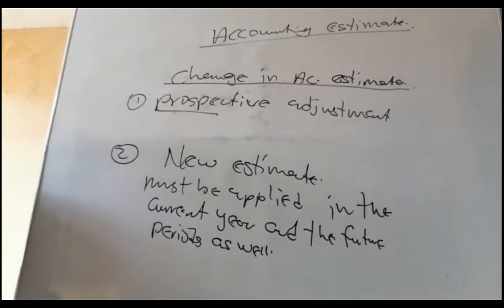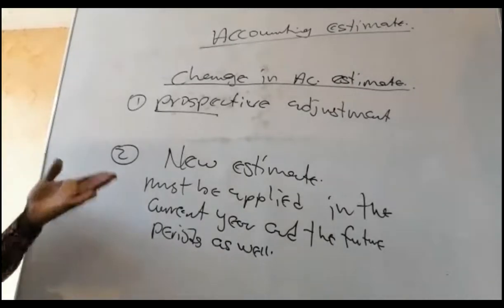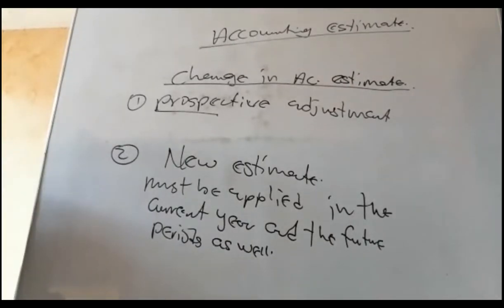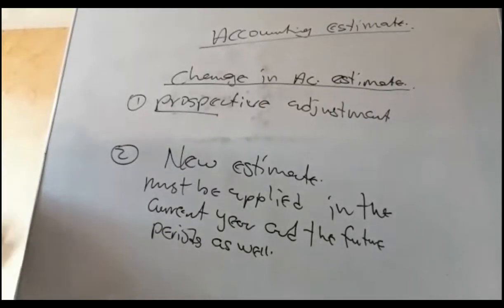So the new estimate must be applied in the current period and the future periods as well, if it affects both. Sometimes the new estimate affects only the current year. That means apply it only to the current year, no future periods. If it affects both, then apply it to both, and then you are done.